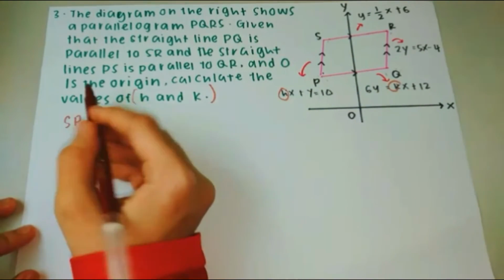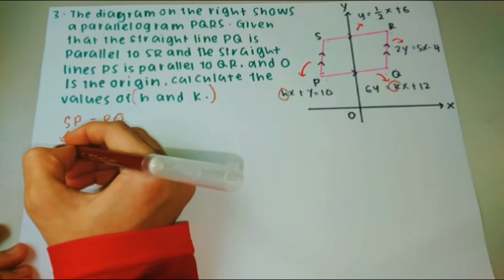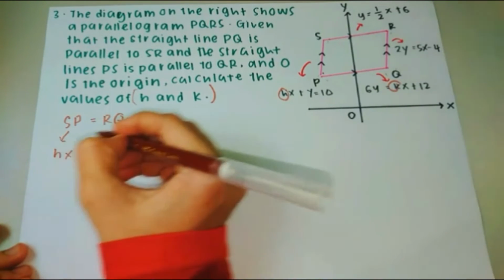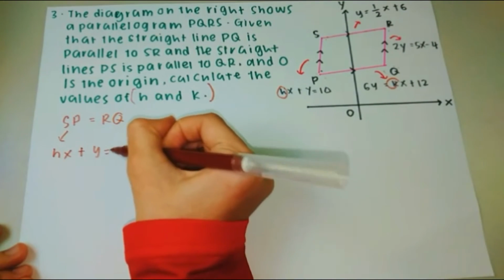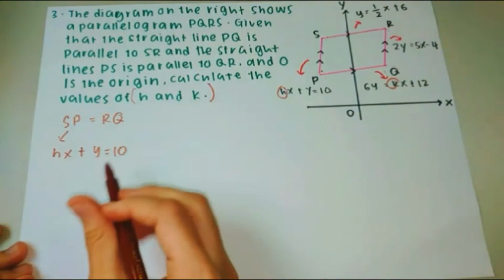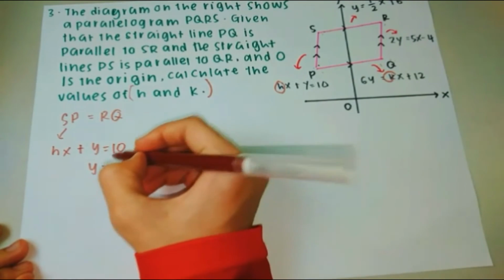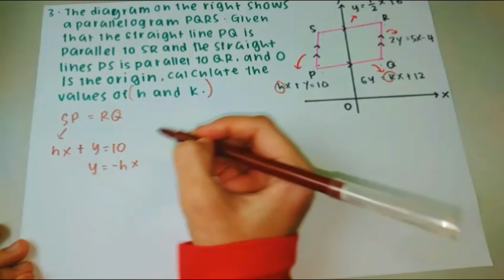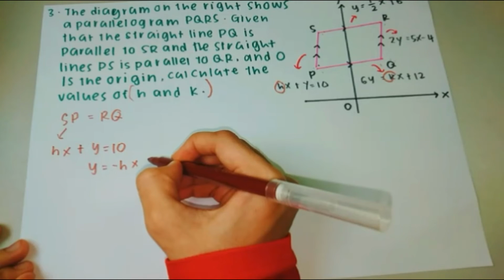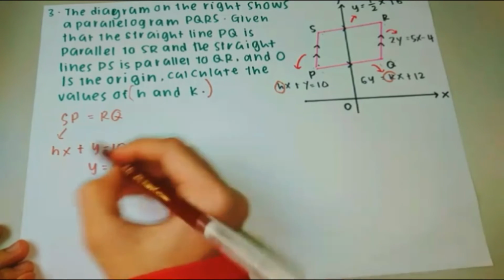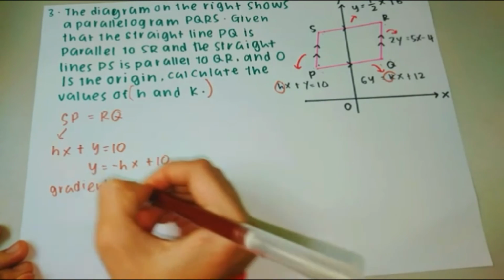Equation SP is hx plus y equal to 10. We still also have to use the same formula, y equal to mx plus c. So it will be y equal to negative hx plus 10. So the gradient for this equation is negative h.